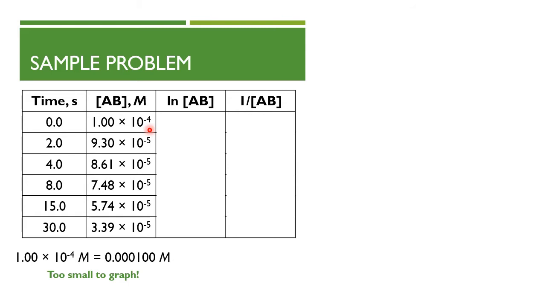To help us do so, we can take the largest value of the concentration in the table, that's 1 times 10 to the negative 4, and divide this by the power of 10 of the smaller values. Since our largest value is 1 times 10 to the negative 4, we shall divide this by 1 times 10 to the negative 5, 10 to the negative 5 being the power of 10 for the smaller values.